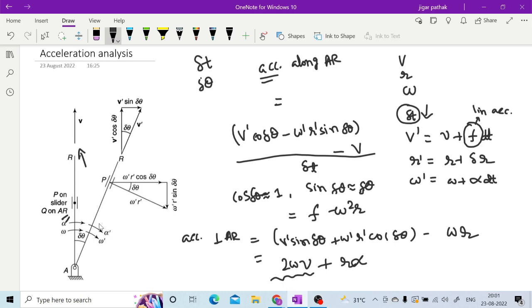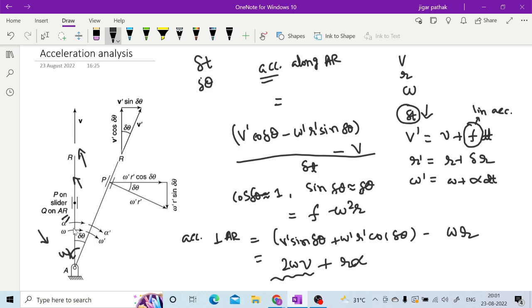Now the Coriolis component is considered positive when this rod or slotted lever has a clockwise direction and the slider has an outward direction. Or when the slotted lever has an anti-clockwise direction and the slider has an inward direction.